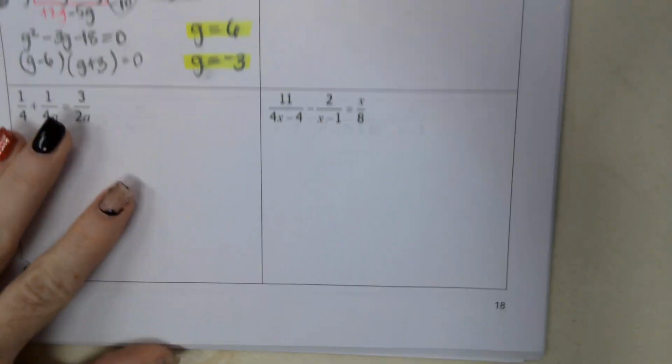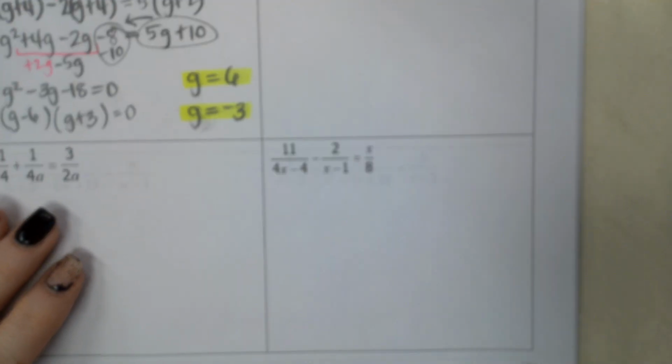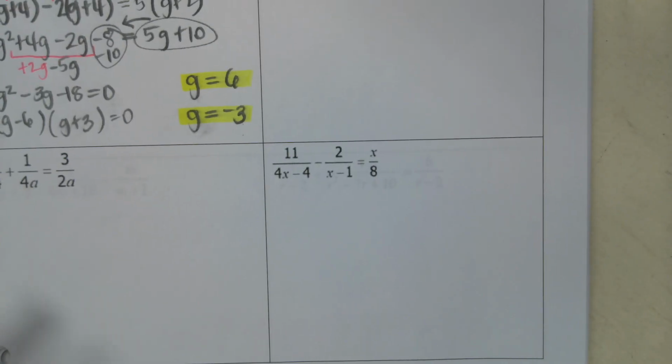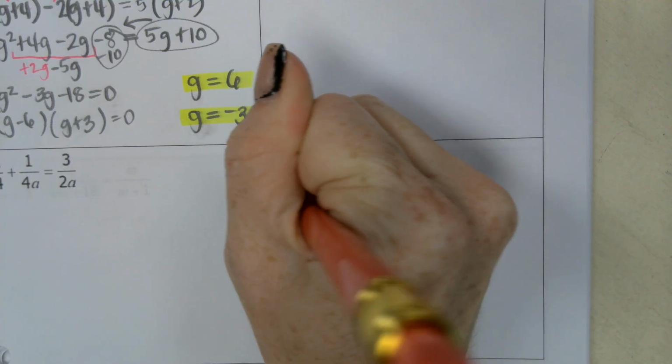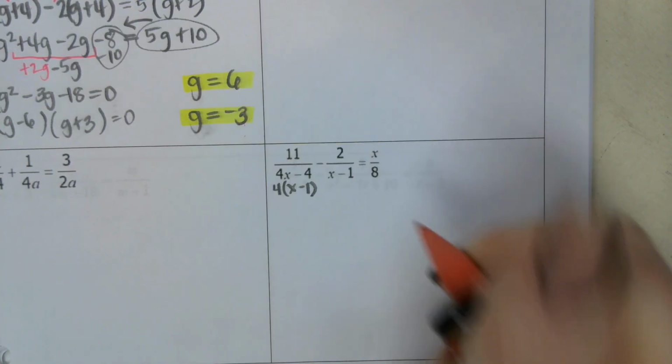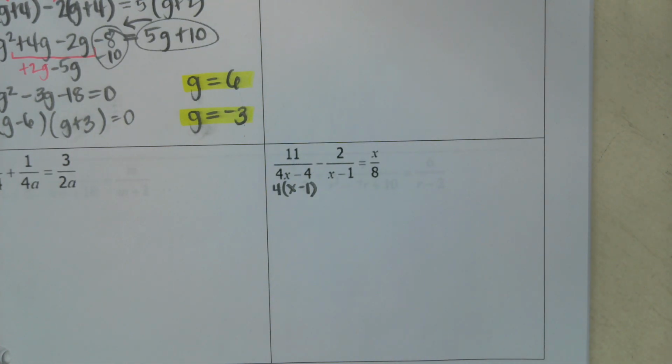All right, let's take a look down here at the bottom right-hand corner. The first thing that I'm going to do right here, just because I want to be able to look at the individual pieces of my denominators, I took out a GCF of 4 in that first denominator.